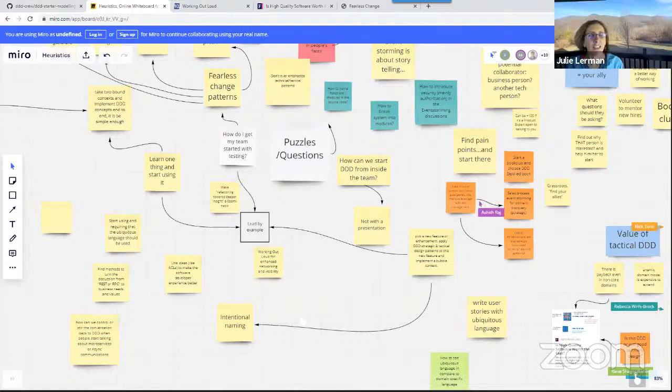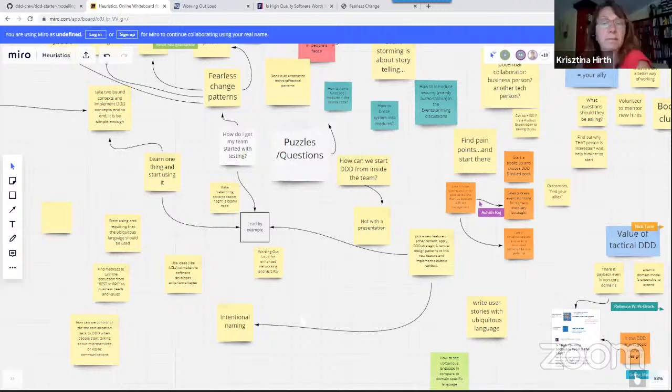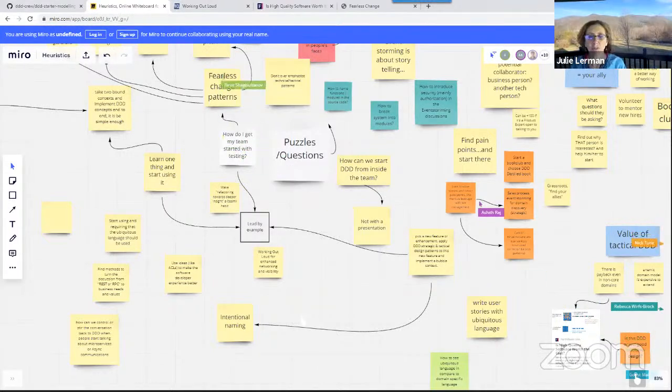I've had people be really shocked, but in a happy way, when I suggested inviting customer service reps to event storming for that same kind of reason as the salespeople. And they're like, oh, I never thought of that before, right? So that's good eye-opening, right?